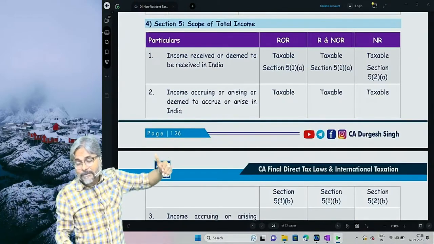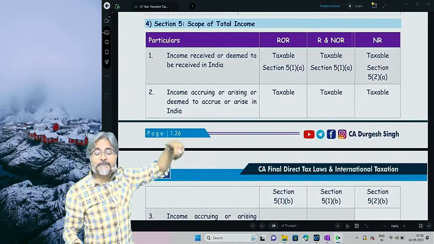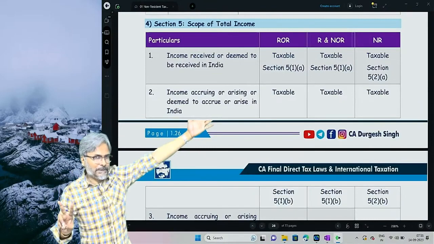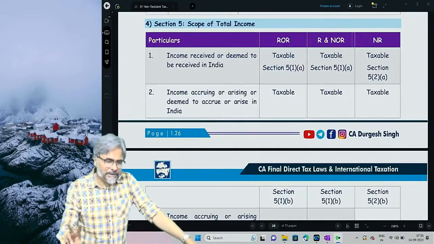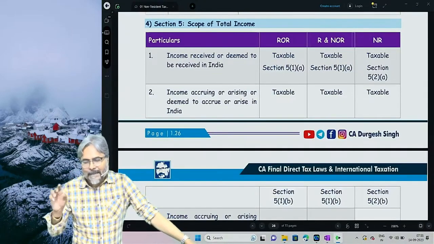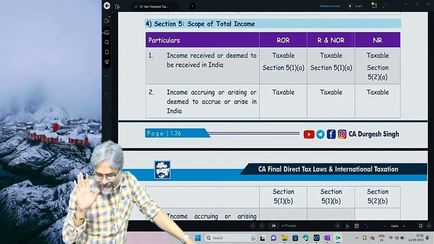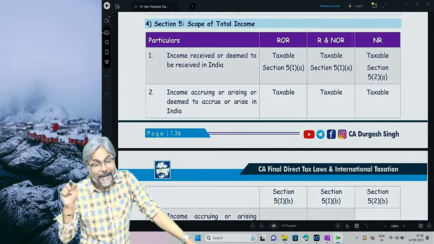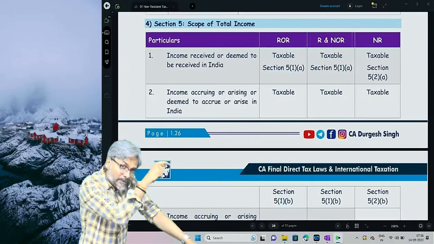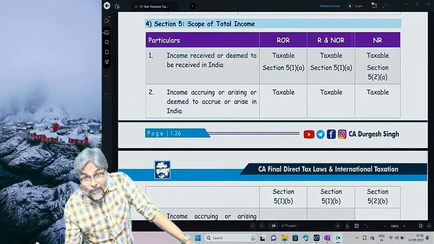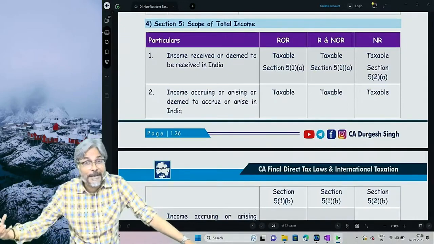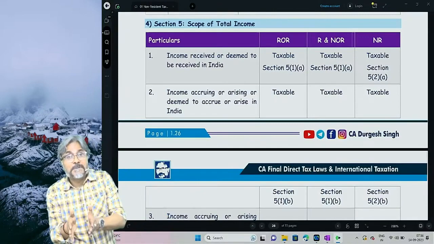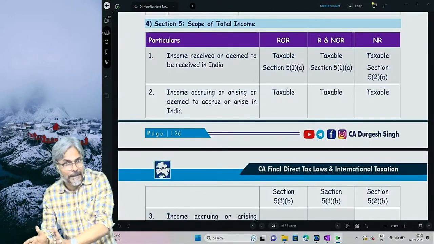If that individual has got the business which is outside India, in that case there are two situations. If an individual who is an RNOR has got a business which is outside India, but it is controlled or managed from India, in that particular case, we say that that business income will be taxable in India.